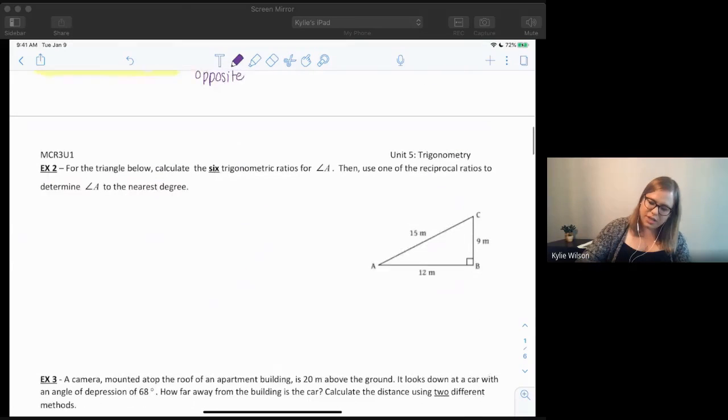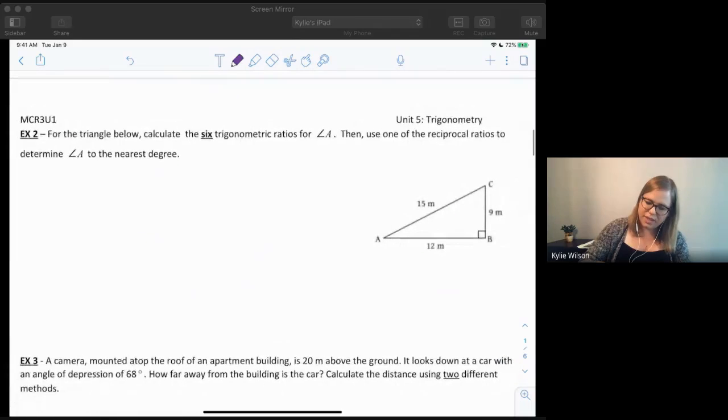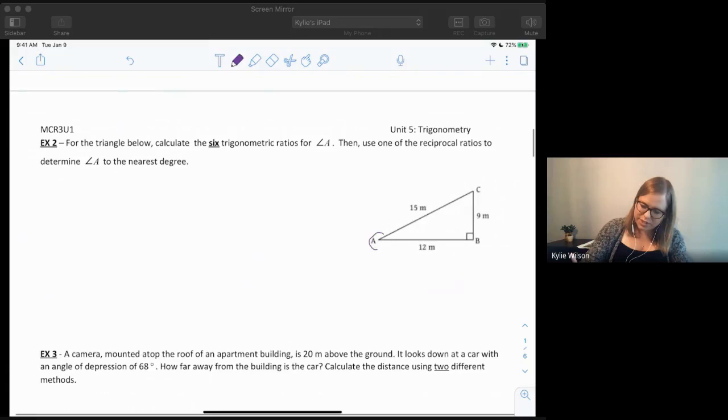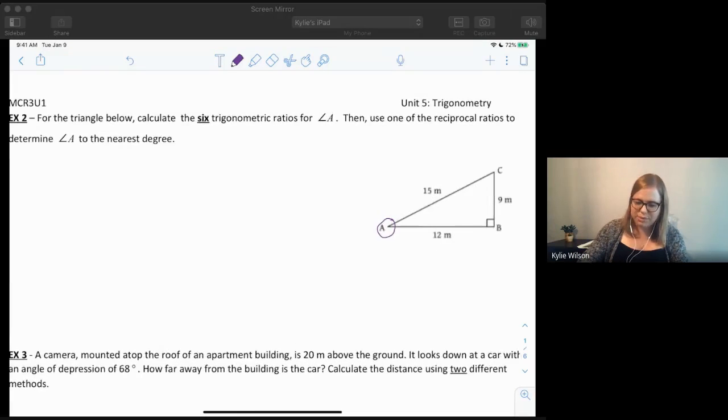So for this first example, for the triangle below, we're going to calculate all 6 trigonometric ratios, and then we'll use one of them to determine angle A. So the first thing we're going to do is label our triangle. So I notice that it's a right triangle, so it means I can use SOHCAHTOA. So I'm going to circle the angle I'm looking for, and label my triangle.